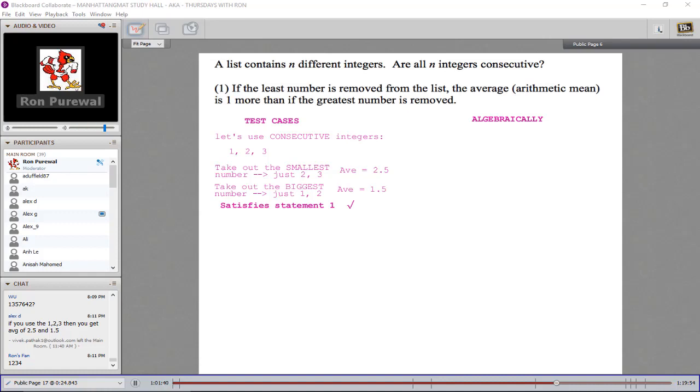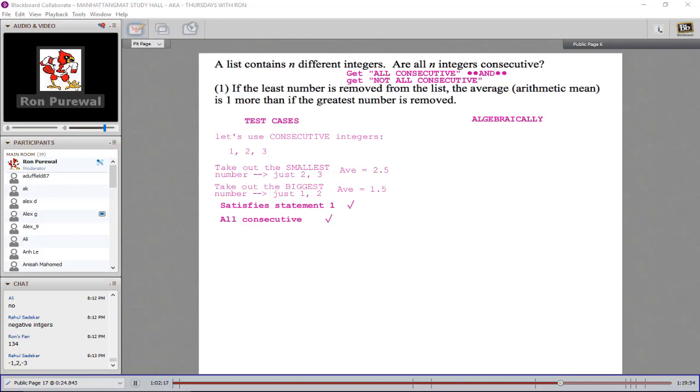Well, what do we need to find now? Is there any point in trying other sets of consecutive integers? There is no point in doing that, right? Because remember what not sufficient means. If you can get all consecutive and you can get not all consecutive, then that's going to be not sufficient.